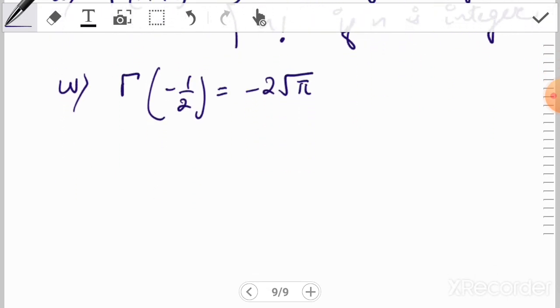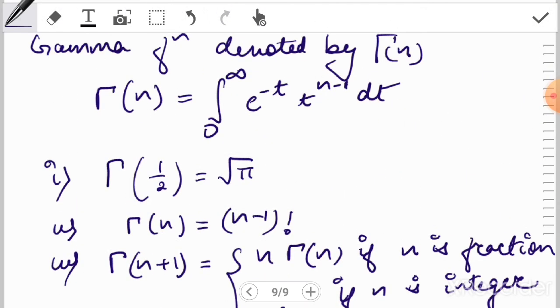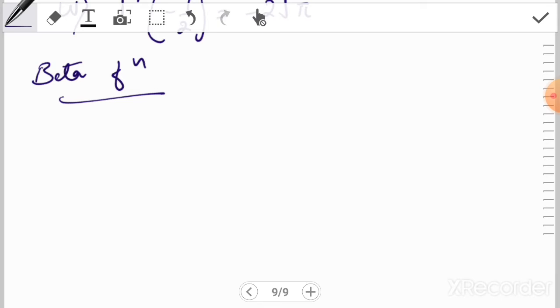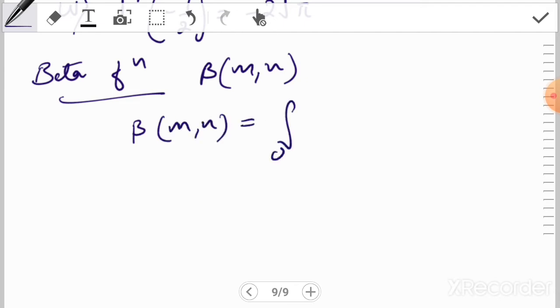Using the gamma function, there is one more function, the beta function. The beta function has two parameters m and n, denoted as B(m, n), and is defined as the integral from 0 to 1 of x^(m-1)(1-x)^(n-1) dx, where both m and n are greater than 0.